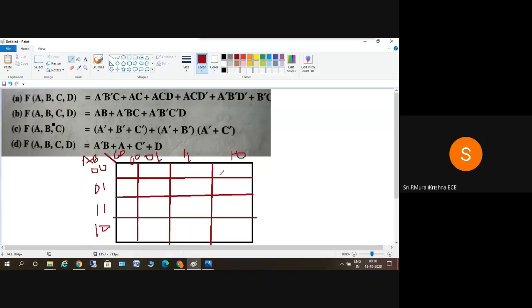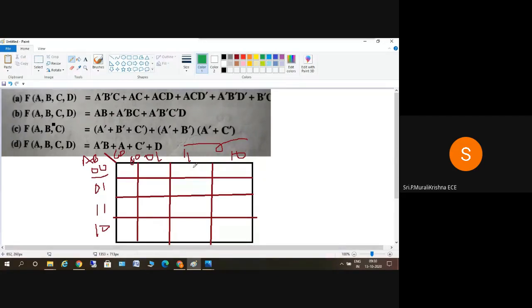Okay, what is the first term I have to do? A bar B bar C. I need the terms A bar B bar, where is that? So this is A bar B bar, and I need only C. Where should C come from, where is the C term? If we group these two, we get it. So the row term is this one and the column term is grouping these two.